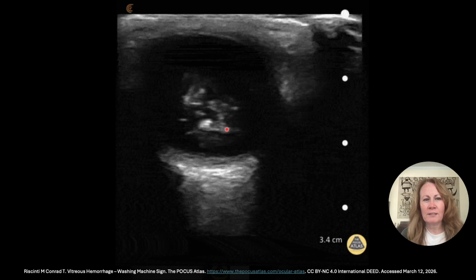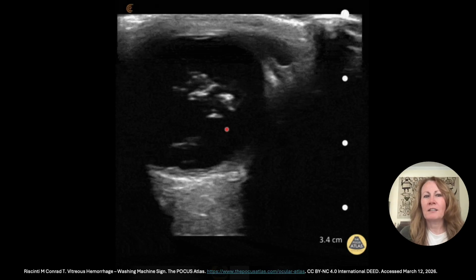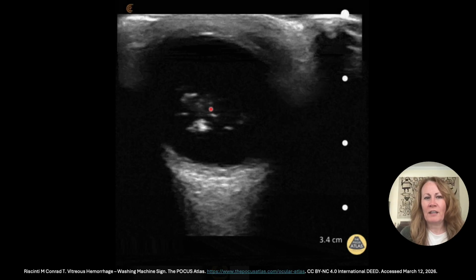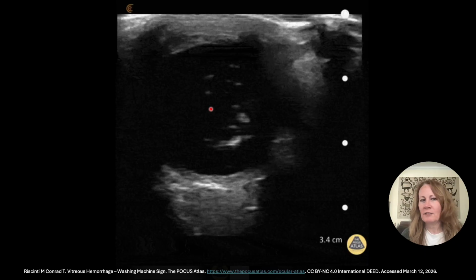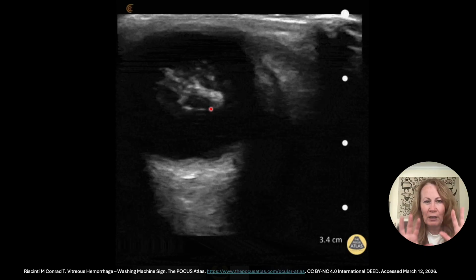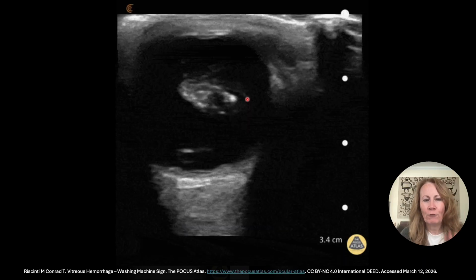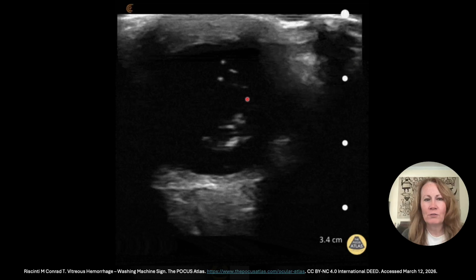If you look at this compared to what we saw in the previous slide, the actual fluid within the eye is very anechoic. It's not hypoechoic. There aren't particles in there that are making it look gray. The fluid part that we see is very anechoic, and that's a huge difference right there.